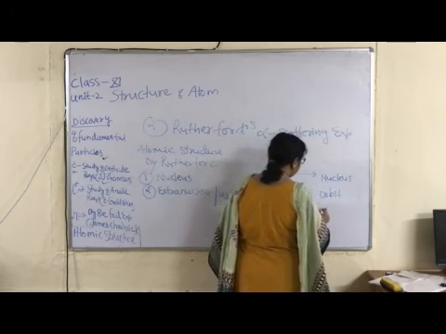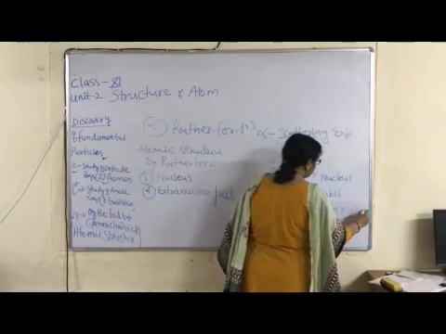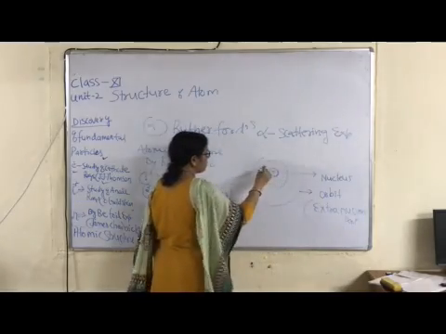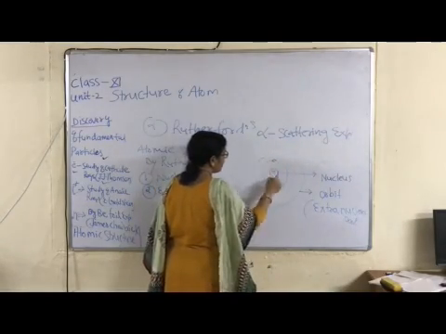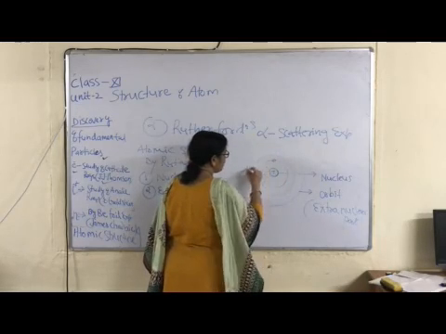Which is the extra nuclear part. Okay, children? According to Rutherford, electrons revolve around the nucleus. In which manner? In a circular manner.